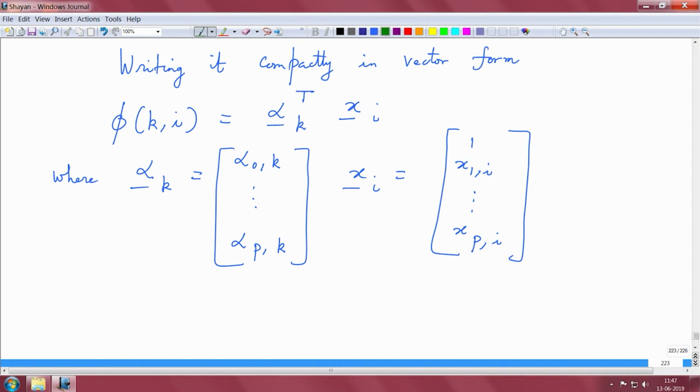So alpha k is basically a stack of all the regression coefficients corresponding to the p predictors and also for the 0 case for the outcome k, and xi is basically a stack of all the p predictors x1 through xp for observation i, and the first coordinate is basically 1, consistent with the way we have defined the linear predictor. Now this is compact.